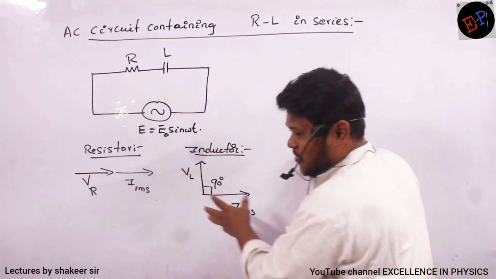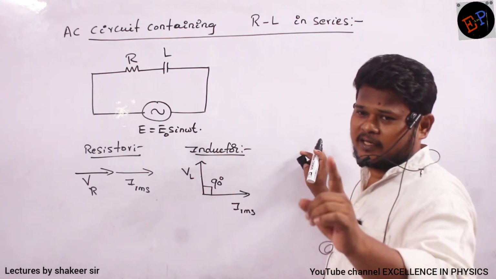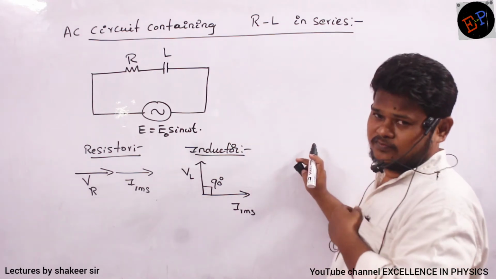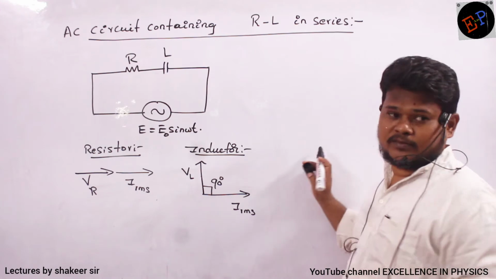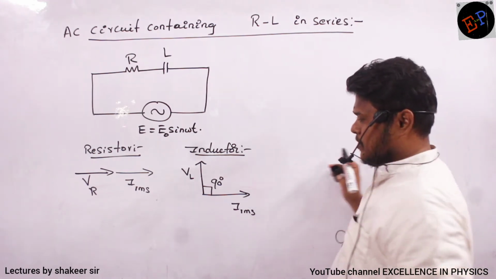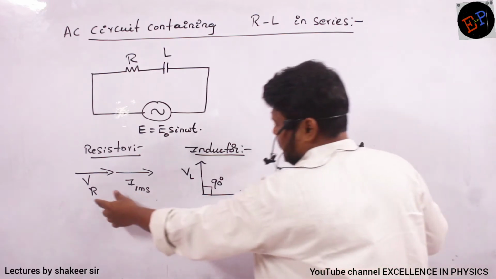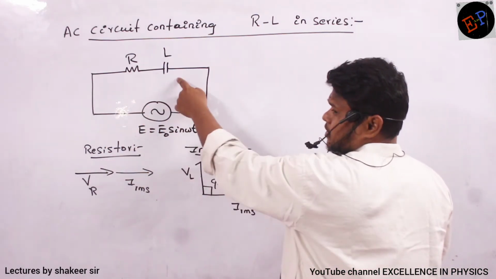Same diagrams only, by using same directions, all of them I want to represent in a single diagram. Why? Because both components are present in series. How can you draw? See, here IRMS is common. Here VR is the voltage drop in resistor, and VL the voltage drop in inductor.